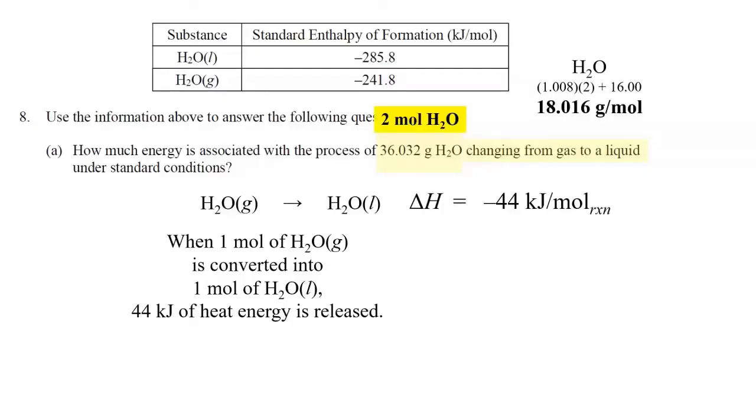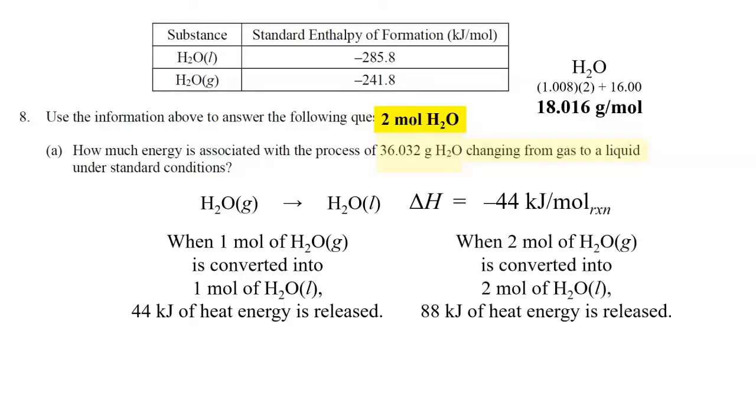Based on the information in the table, 44 kilojoules of heat energy is released when 1 mole of water vapor is converted into 1 mole of liquid water. So if I multiply by 2, when 2 moles of water vapor is converted into 2 moles of liquid water, twice as much energy would be released. So the answer is not 44, but rather 88 kilojoules.